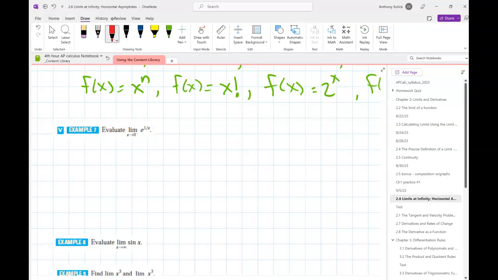So what do I do with this? Something weird is going on. Well, I know that both e to the x and 1 over x are continuous near 1, so I can push the limit inside the function.